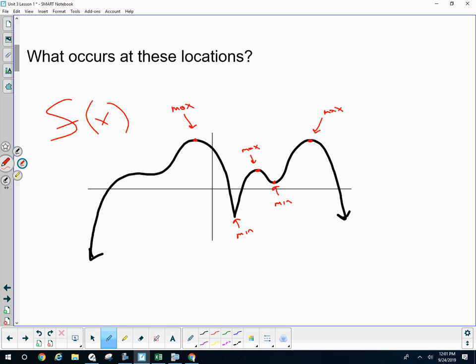Discuss that with your neighbors. What do most of these points share? Very good. I heard it right away. The tangent slopes at all these points, except for this point here, is 0.